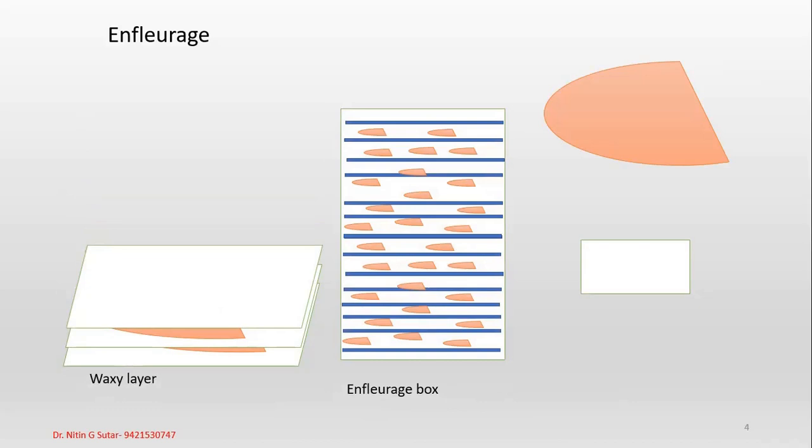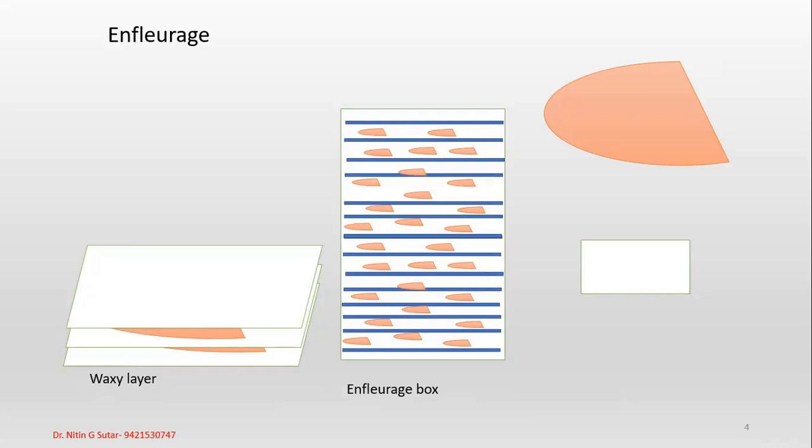Because of this, the oil present in the flower petals is extracted by the waxy layer, because waxy layers are present on both sides, so the oil is extracted from the upper side as well as the lower side of the flower petals.